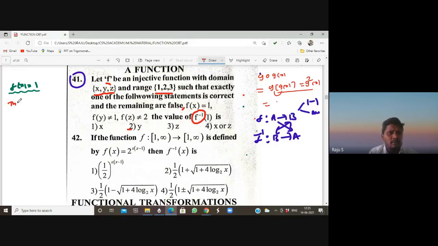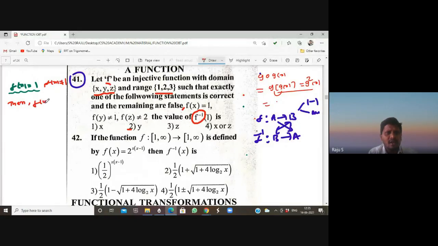Then see here, f of y not equal to what they given here? F of y not equal to, just quite the opposite you can take. Quite opposite, like f of x equal to 1 means f of x is not equal to 1, you can take it the opposite, contradiction way.